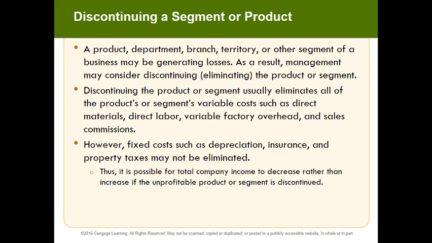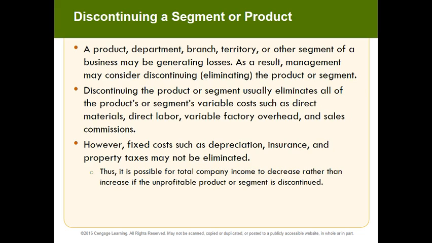Discontinuation usually eliminates all of that product's or segment's variable costs, obviously, such as direct materials, direct labor, and variable factory overhead, and any sales commissions that may be attached to the product. But those fixed costs, depreciation, insurance, property taxes, might not be eliminated by discontinuing the product. And this is where a lot of managers actually make a mistake.